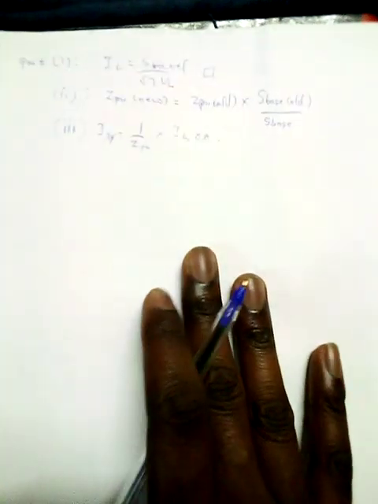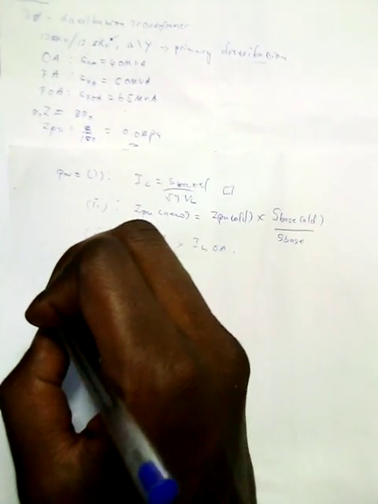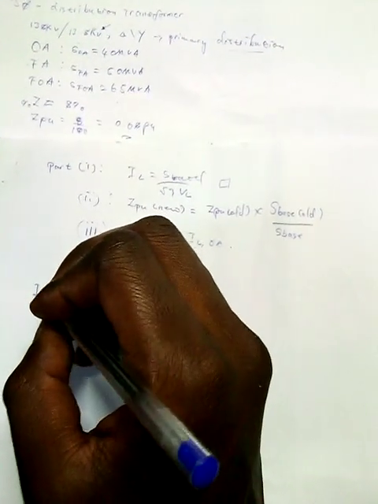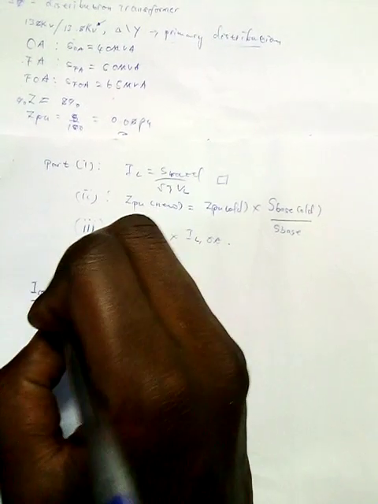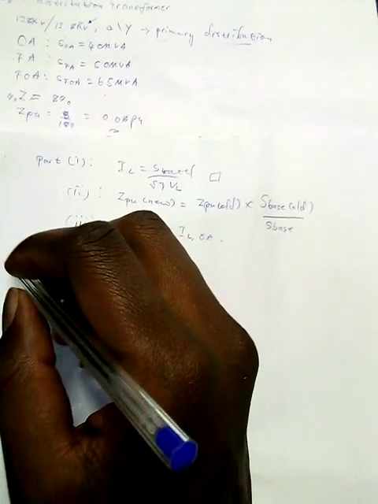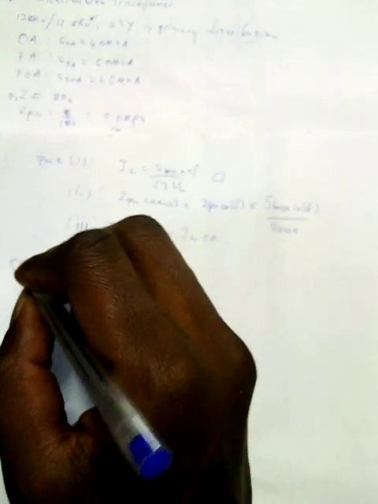So let's look at what we have here. For part 1, ILOA. We can label this as OA.